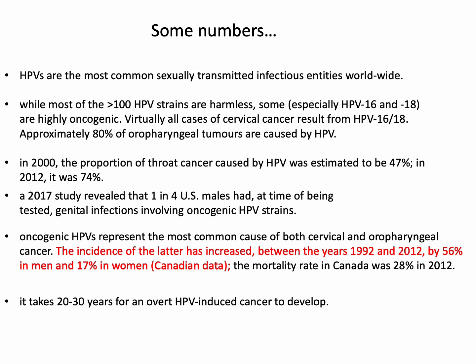So hand-to-mouth transmission is likely more common than is generally assumed. And you should know, again, from a previous slide, that a couple of really good vaccines exist, and all children should be vaccinated, of both sexes. The next slide we're going to ignore.